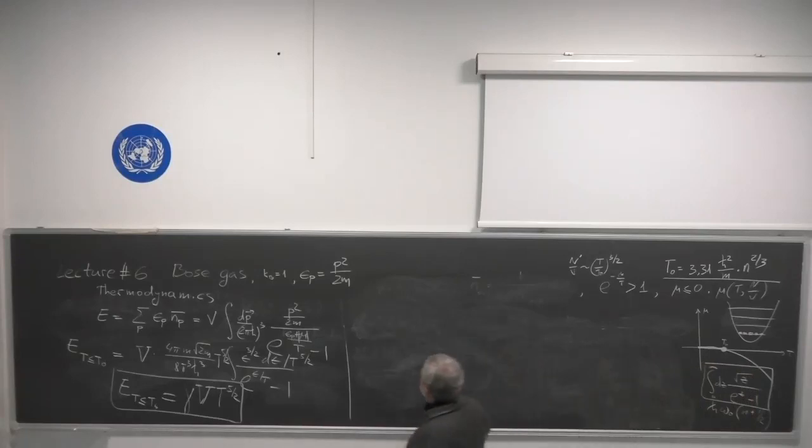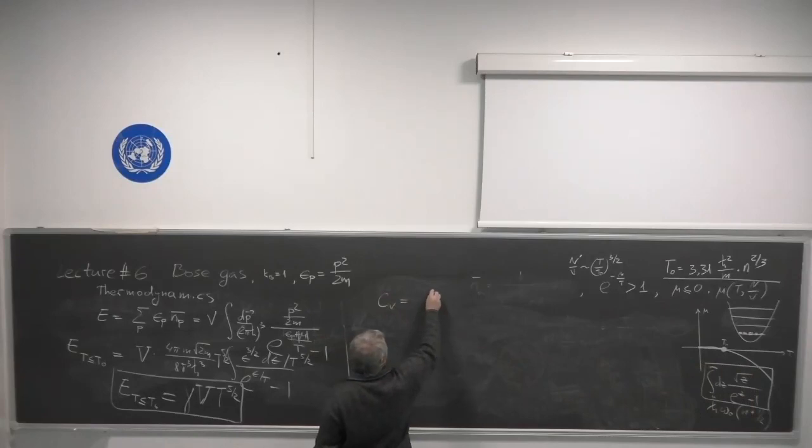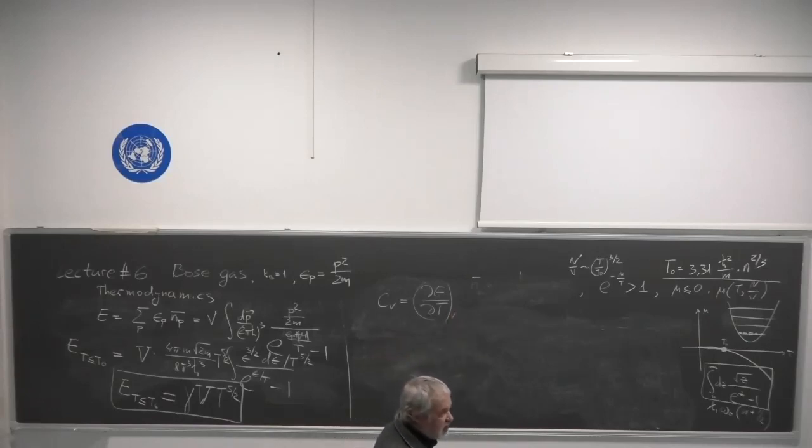Okay, so specific heat, CV. This is d energy over d temperature at fixed volume, by definition. Energy, chemical potential, and specific heat are thermodynamic potentials or derivatives of thermodynamic potentials. They are extensive.